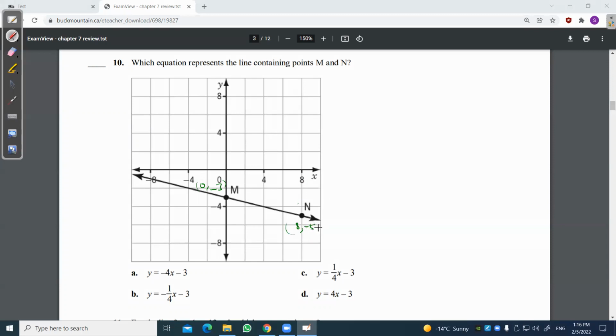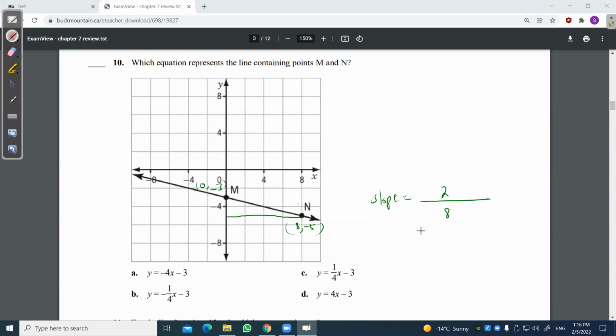Minus 5. Okay. And then we draw a triangle here. So slope. What's the rise? From -3 to -5, how many units? 2 units, right? What about in the denominator? What's the run? From 0 to 8. Just 8.